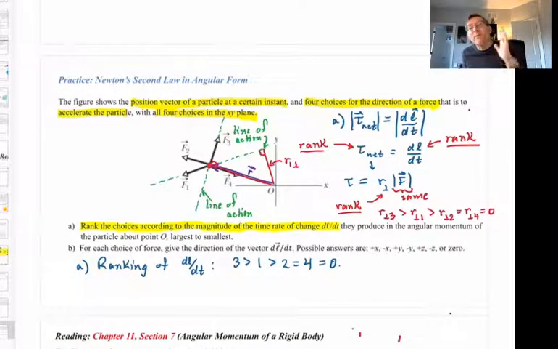So force 3 will produce the largest dL/dt. Force 1 will produce the next largest, and forces 2 and 4 won't produce any dL/dt at all. To say it another way, for force 2 and force 4, the angular momentum of the particle will be constant.